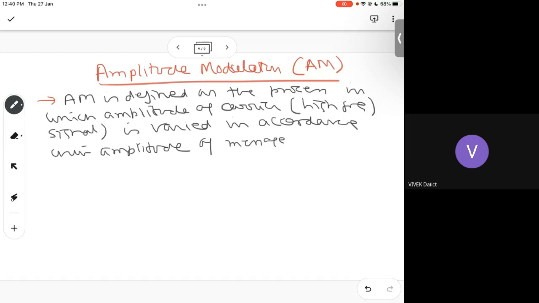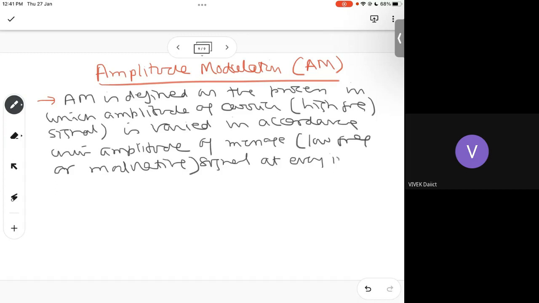I'm using these words again, but from the next lecture I will not be using high frequency or low frequency; right now I'm writing all the words that we normally use. This is what we call the modulating signal, at every instant.